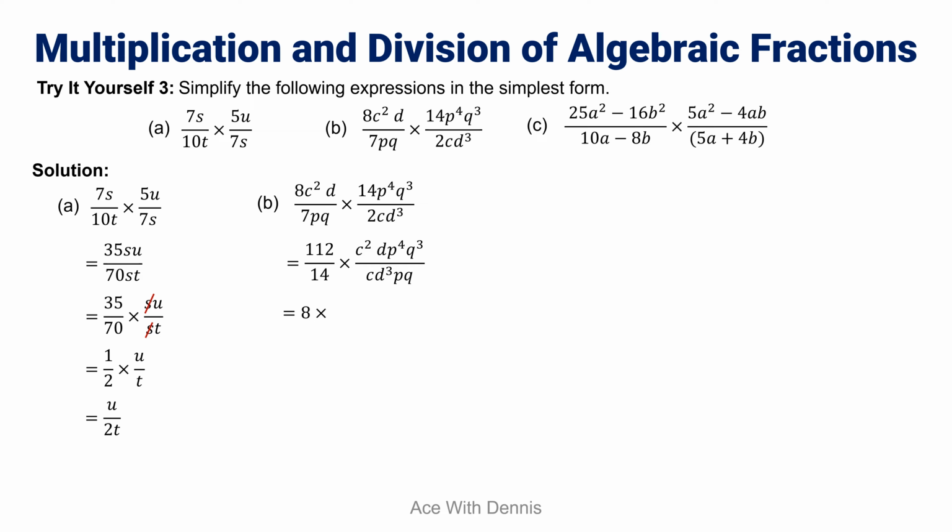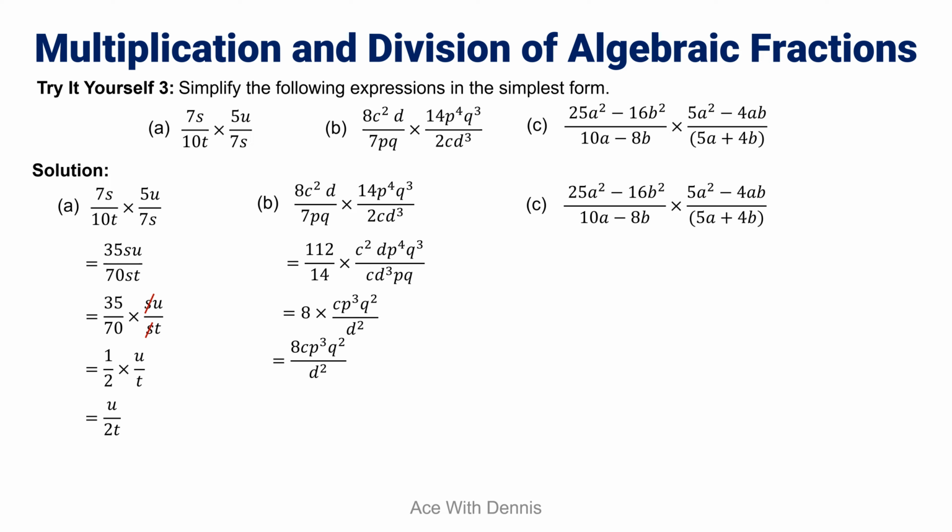So we simplify the numbers, we'll have 8. Then multiply with the unknowns here. When we simplify everything, we will have cp cubed q squared over d squared. Alright, then group them together. We'll have 8cp cubed q squared over d squared.